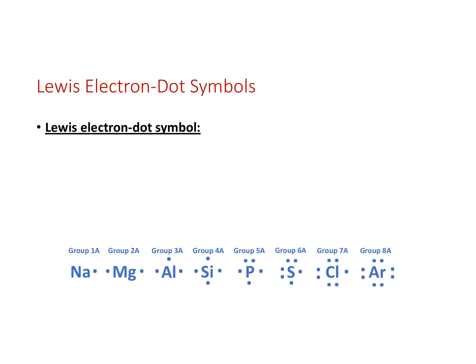We can visualize the exchange of electrons during the formation of an ionic bond using electron-dot diagrams, Lewis electron-dot symbols.